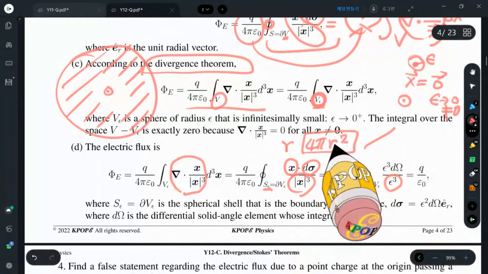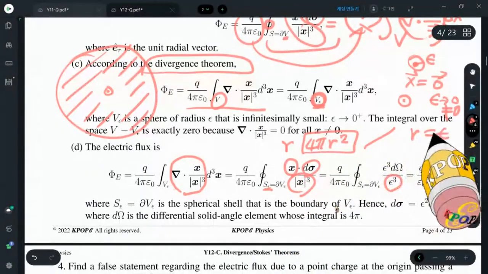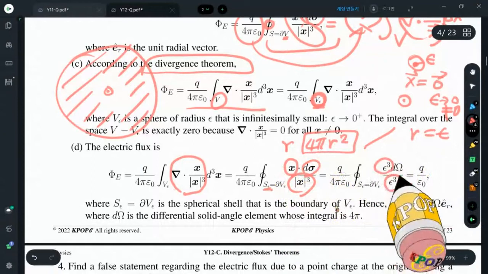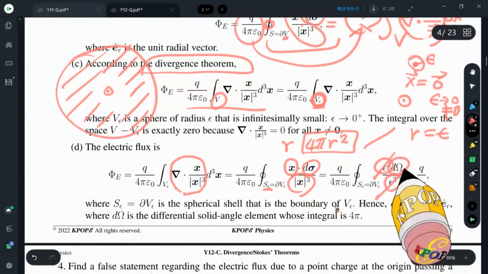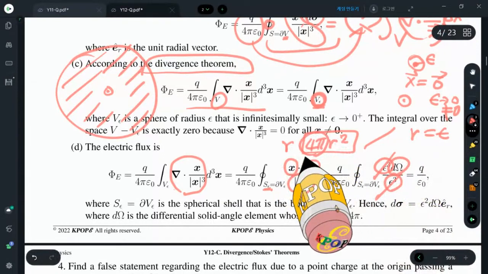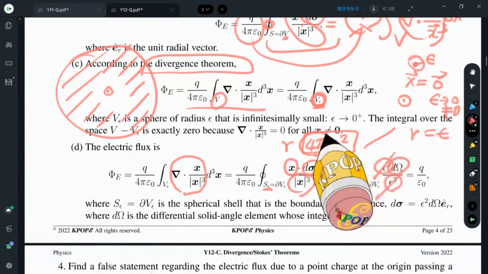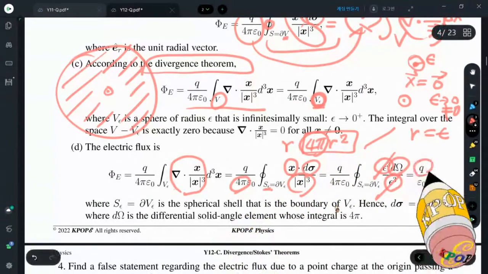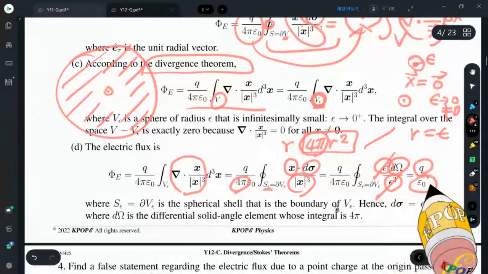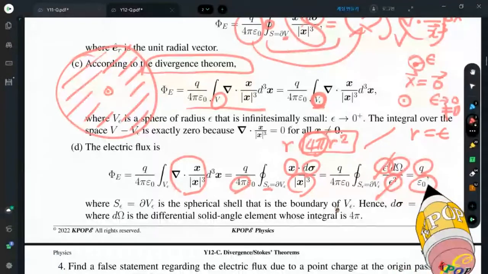And this radius r is epsilon. So epsilon cubed exactly cancels. And this d omega represents the solid angle 4 pi. And this 4 pi cancels this 1 over 4 pi exactly. Finally, we have reached Gauss's law, charge divided by epsilon 0.